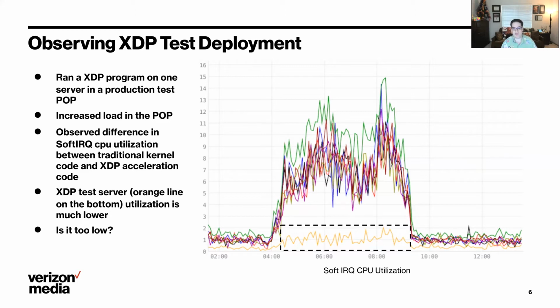In this particular case, when we increased load into the environment, you can see a clear separation in soft IRQ utilization between the test of the XDP code versus the traditional kernel code. However, as I looked at it, I began to wonder, is it too low?